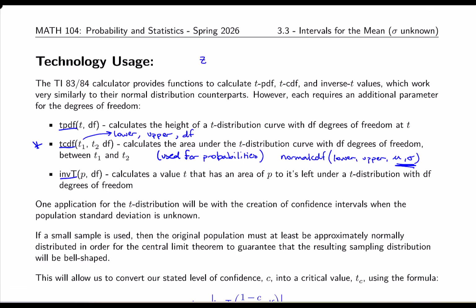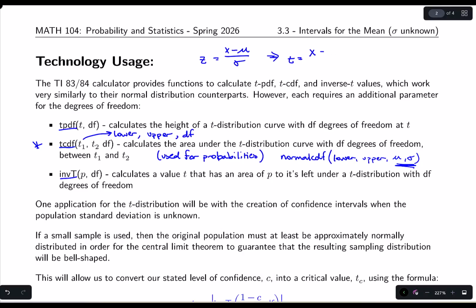It looks the same. Like a z-score would be x minus the population mean divided by the standard deviation. But with t-distributions, there's an equivalent formula. It's just all based off of sampled data because we don't know the value of the population mean, so we use x bar instead.